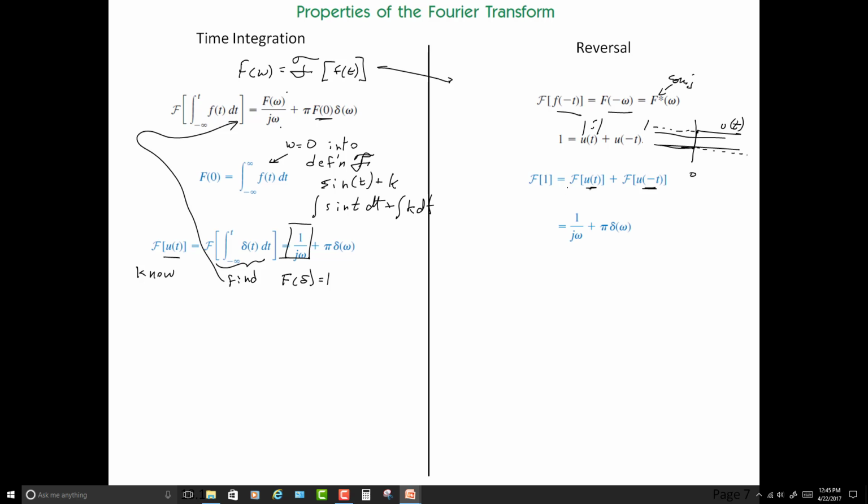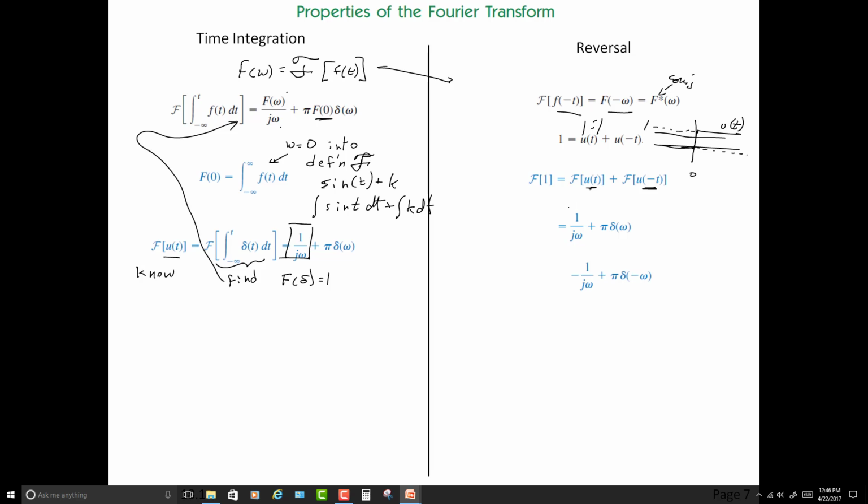So here's our Fourier transform of u of t, plus the one for minus time, which we just said is the same as putting in minus omega. That's what we're saying here in our example, in our reversal.